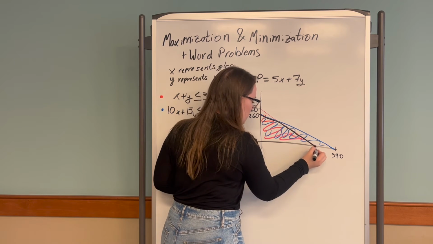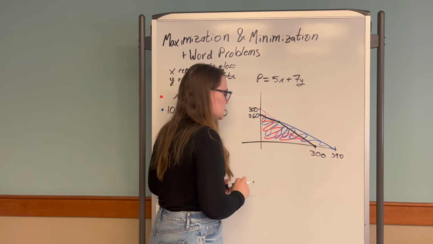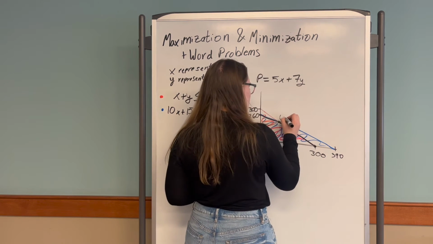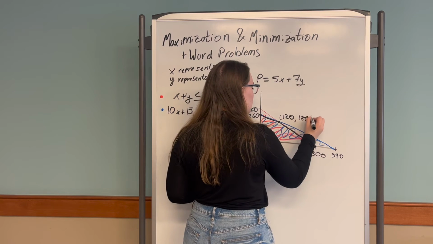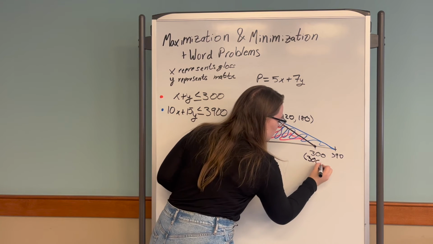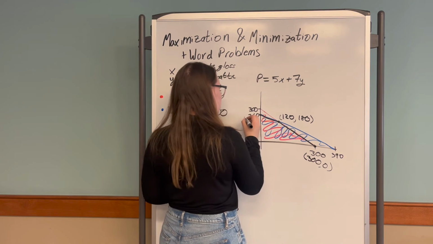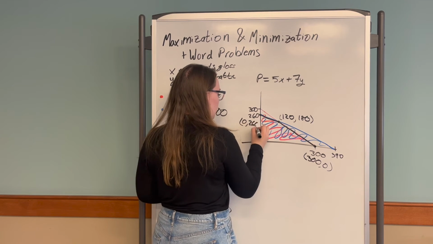We're going to look at this point and this point where they intersect. This point here is 120, 180. This point here is 300, 0. And this point right here is 0, 260.